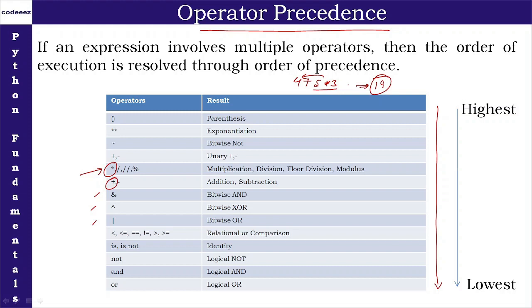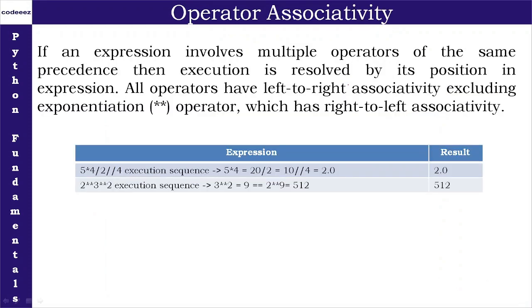Now, the next comes operator associativity, right? What happens here? If there are multiple operators of the same precedence in an expression, then what will happen?